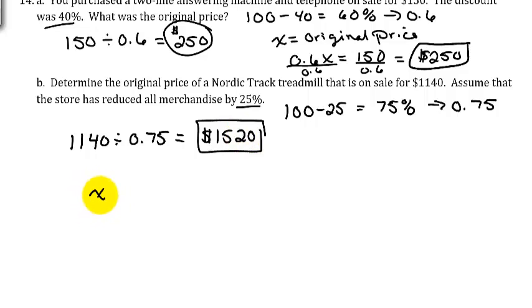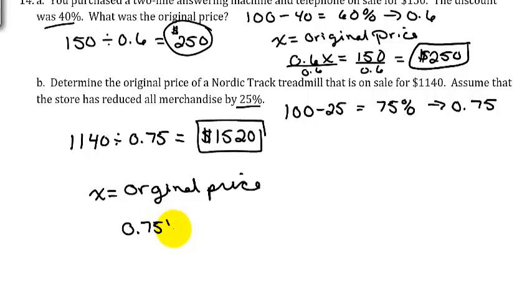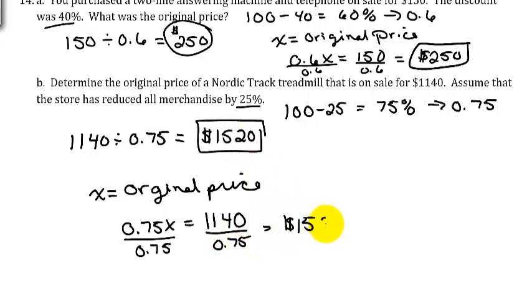Or again, you could say x was equal to your original price, and then multiply that by your decay factor. 0.75 times x would give you the sale price of $1,140. The way that you would solve this is divide both sides by 0.75. And that's exactly what we did up above, so we would still get the 1,520.